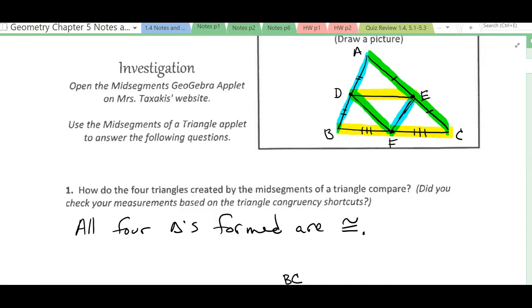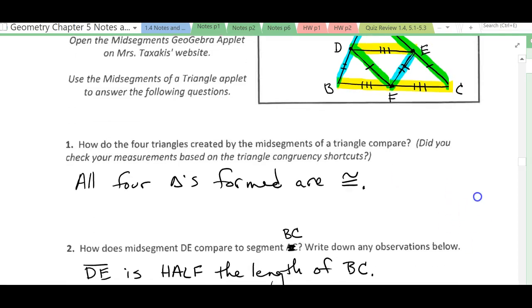So since each of these is half, I could add some more tick marks. I'm going to add 3 tick marks there because this segment DE is half of BC, so it has to be equal to each half of that. And we'll put 2 tick marks here, and we'll put 1 tick mark here to indicate that DF is equal or congruent to segment AE or segment CE.